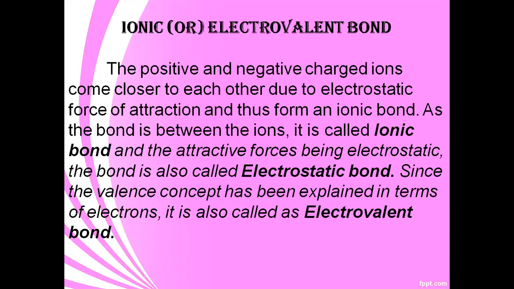So due to the electrostatic force of attraction, one bond is formed between the positive and negative charged ions. This is called an ionic bond, and that force is called the electrostatic force.